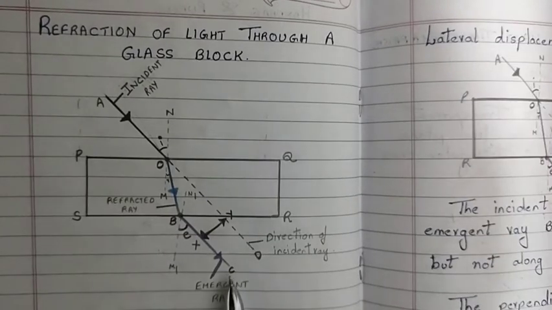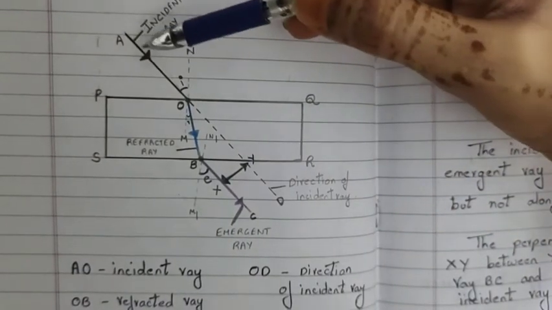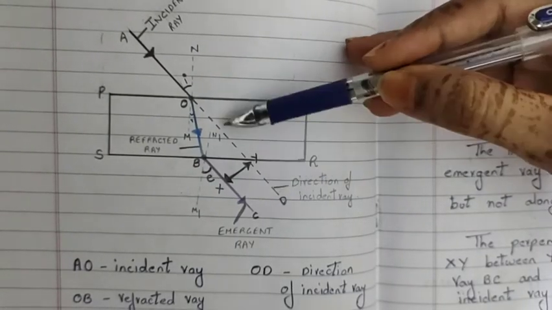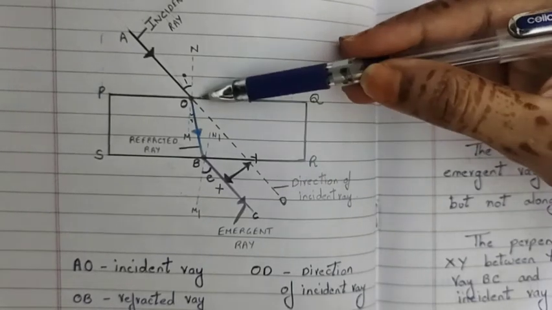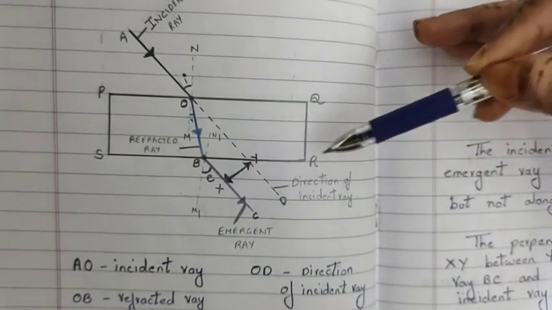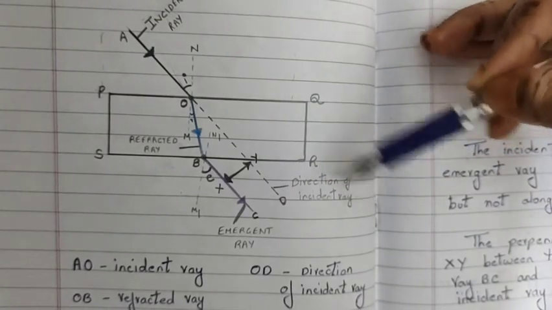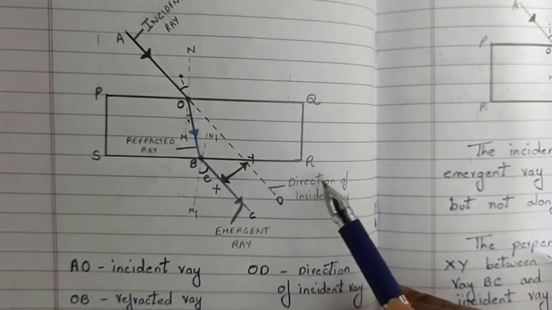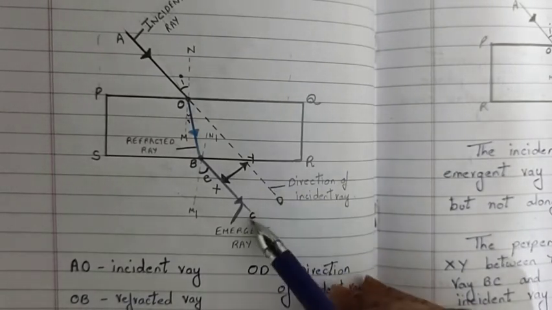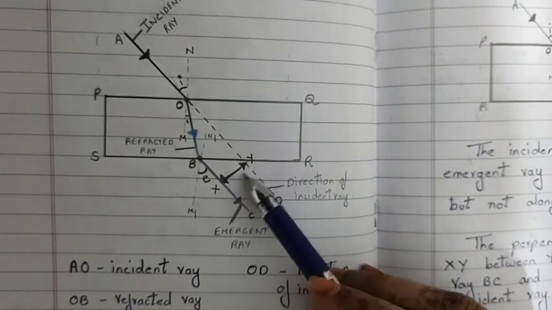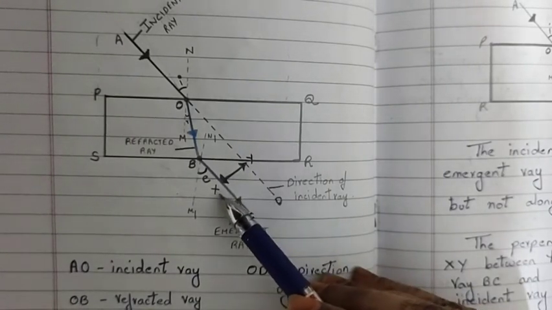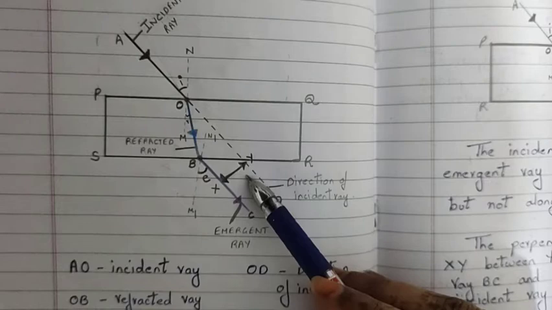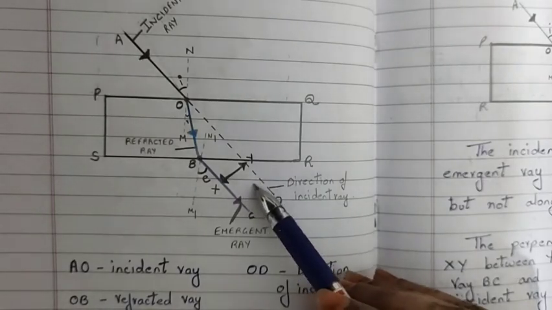It is given by the symbol E. When we extend the incident ray with dotted lines inside and outside the block, the extended dotted line is known as the direction of incident ray. You can see a perpendicular distance forming between the direction of incident ray and the emergent ray. That perpendicular distance is given by the segment XY, and it is known as lateral displacement, which we will learn further.